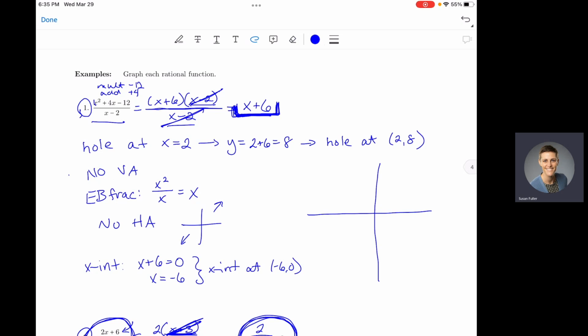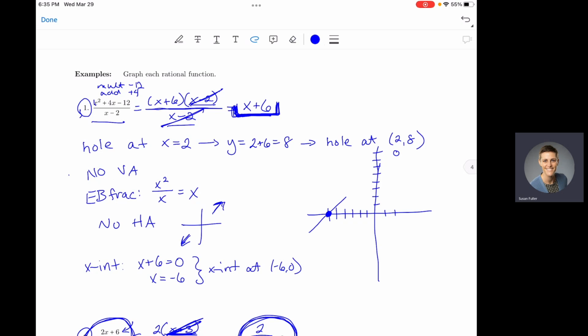So I'm going to go ahead and put my hole at 2, 8: 1, 2, 3, 4, 5, 6, 7, 8. My hole is at 2, 8. I have an x-intercept at negative 6, 0: 1, 2, 3, 4, 5, 6. And notice I have polynomial end behavior like this.